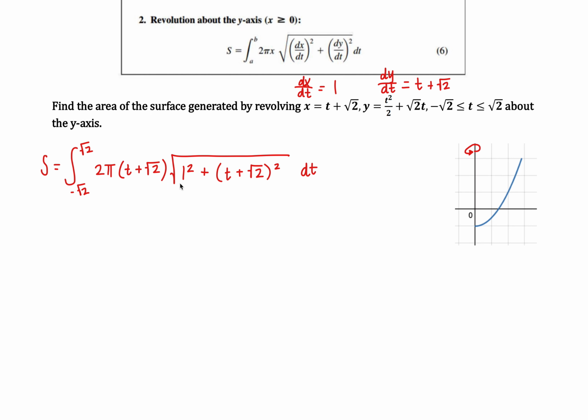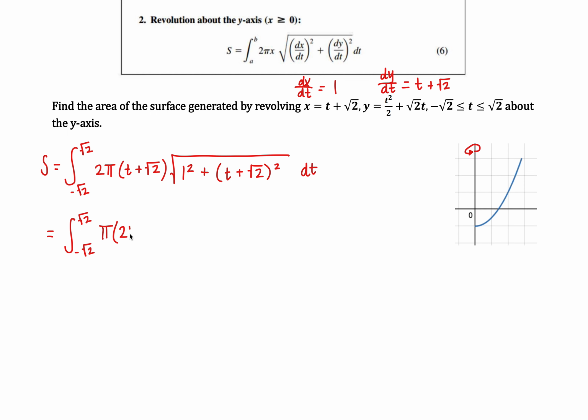So I need to do a little bit of cleaning up inside the radical there. I'm also going to change one thing here in front. I'm going to take this 2 and multiply through the parentheses.